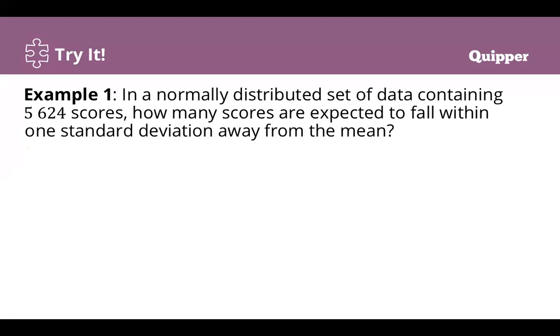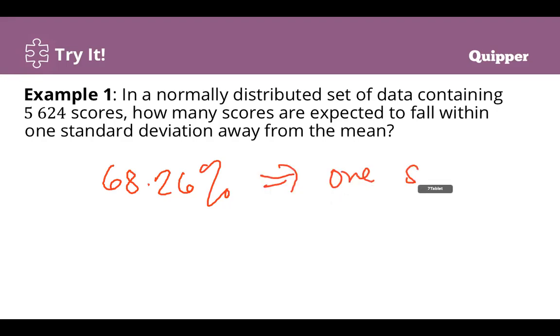Ano yung 1-1 natin kanina? Ilang percent yung 1-1 natin? That is 68.26%. So, ilang scores ang mapupunta doon sa area na yon? Okay, this one is the one standard deviation. Hindi kayo malito. Okay, so this will be our solution.